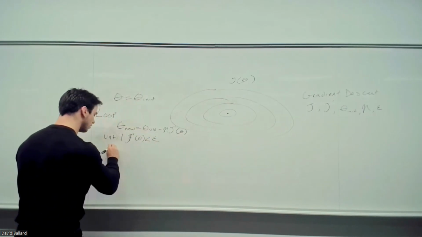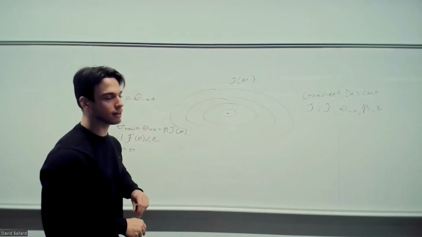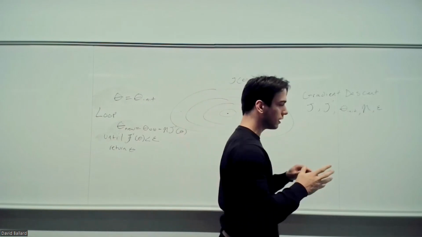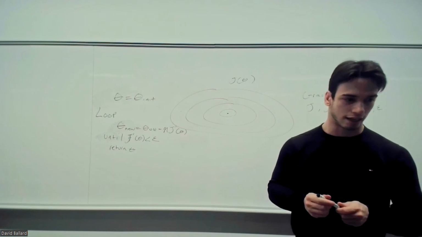And then we're going to return theta. So we're going to try to find that theta where we reach a certain range where we're happy, and then we're going to return theta.